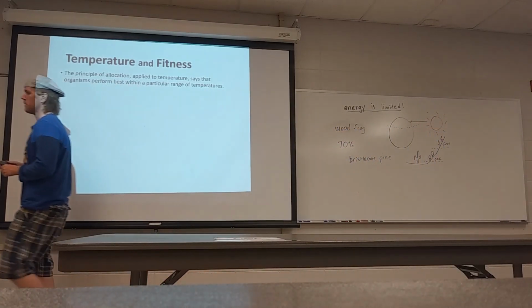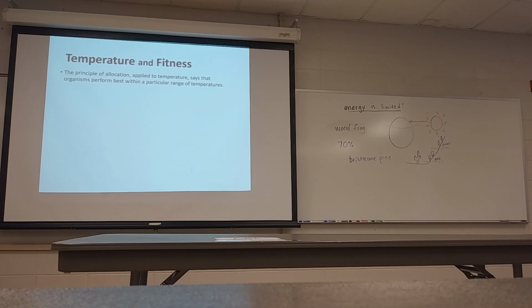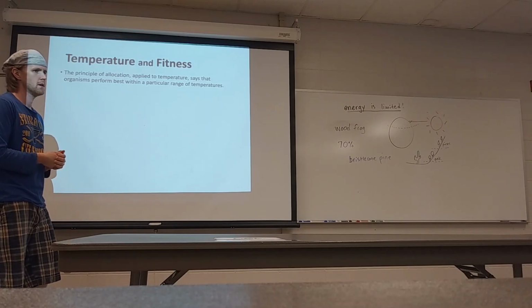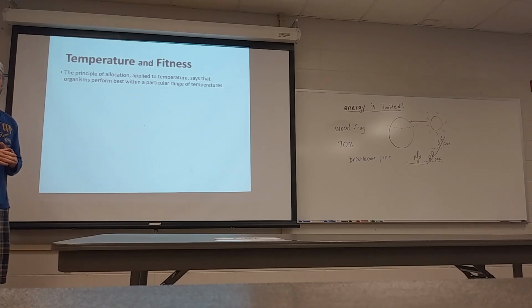If you devote energy to being ideally suited for a certain temperature, perhaps through the amount, if you're an animal, the amount of hair you have, the amount of blubber that you might carry for insulation, if you adapt for a particular set of conditions, that means you will be less fit in conditions other than that.